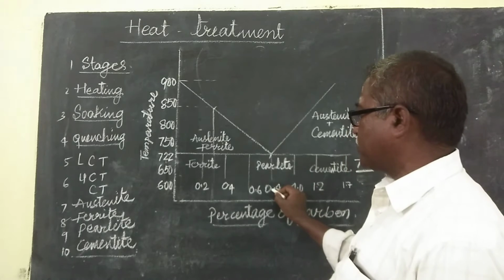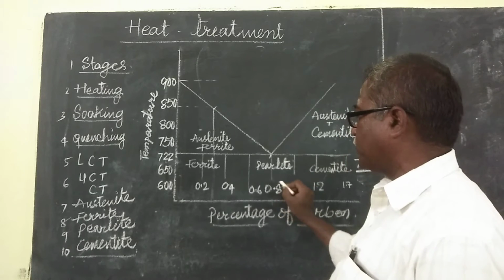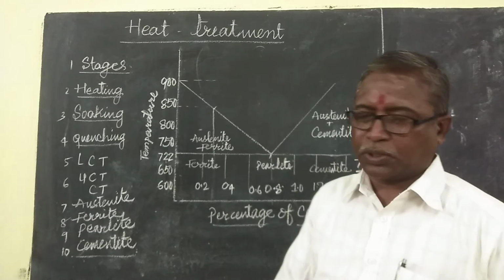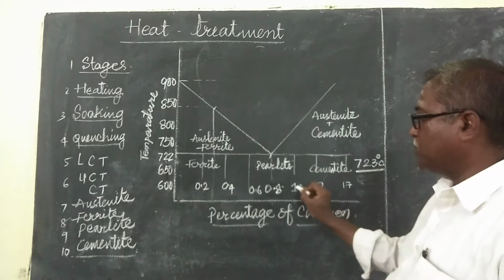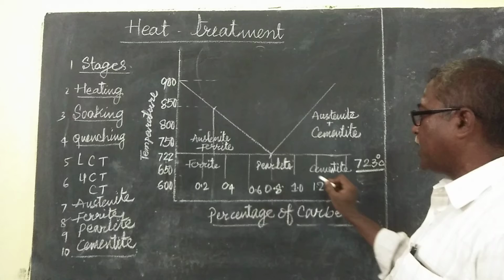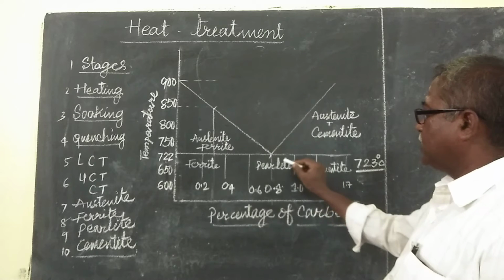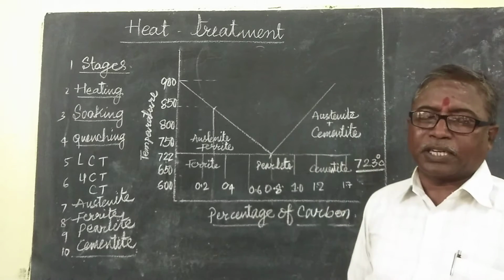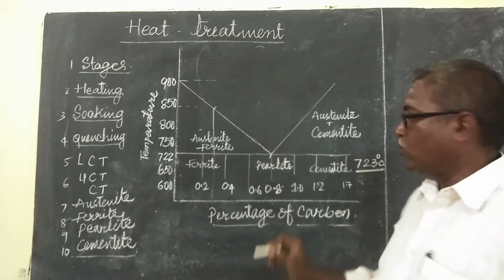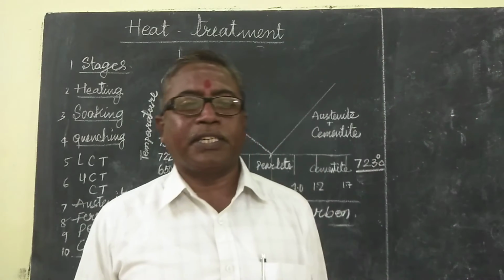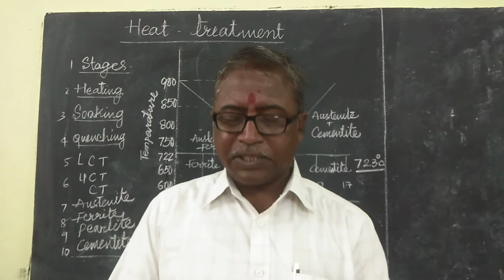When you reach 0.84, that is perfectly pearlite structure. From 0.82 up to 1.7, pearlite plus cementite structure will be there. Only cementite structure. Now we will discuss the structure.